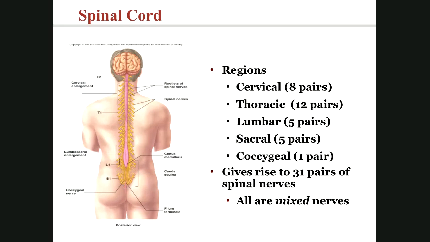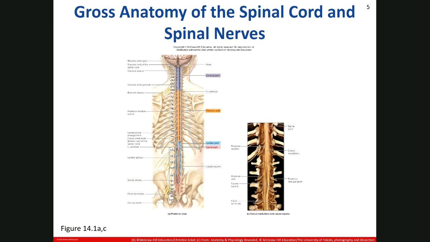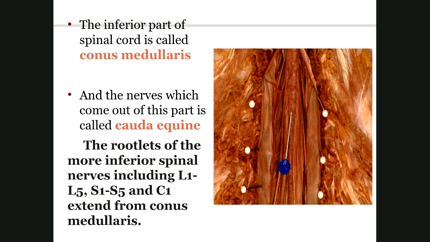Look at this picture again. In this picture, you can see the tapered part of your spinal cord, which we put 1 pin inside. We call it conus medullaris. And all of these spinal nerves, which are located in the last part of your vertebral column, and they are waiting for vertebral foramen to come out, are cauda equina.